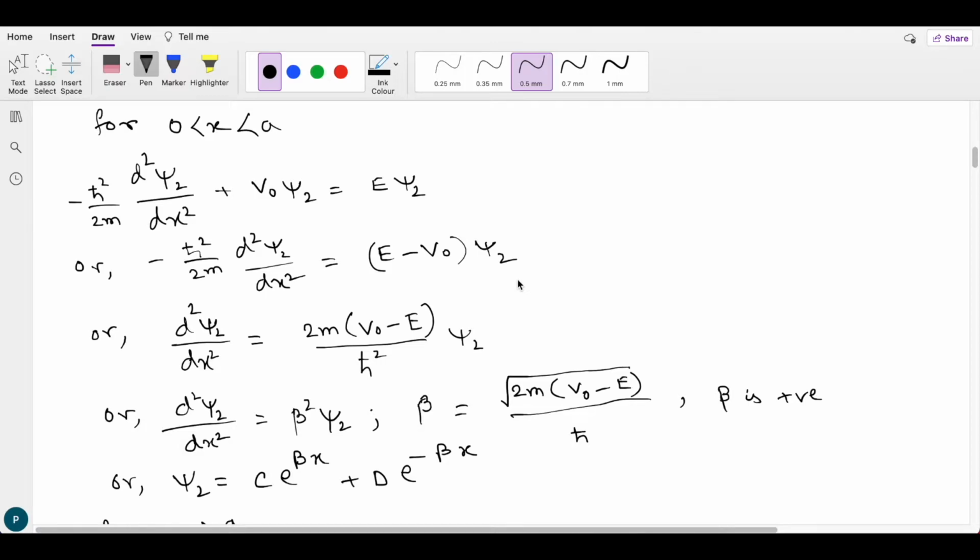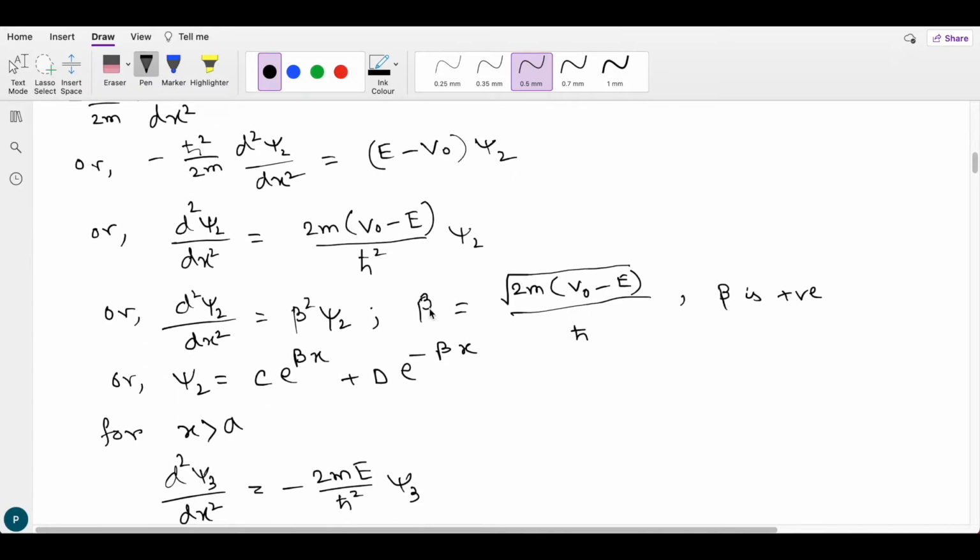And we are writing beta equals root over 2m(V0 minus E) by ħ, where beta is real and positive. So the Schrodinger equation becomes d²ψ2/dx² equals β² ψ2, and the solution is C e to the power βx plus D e to the power minus βx, where C and D are constants.